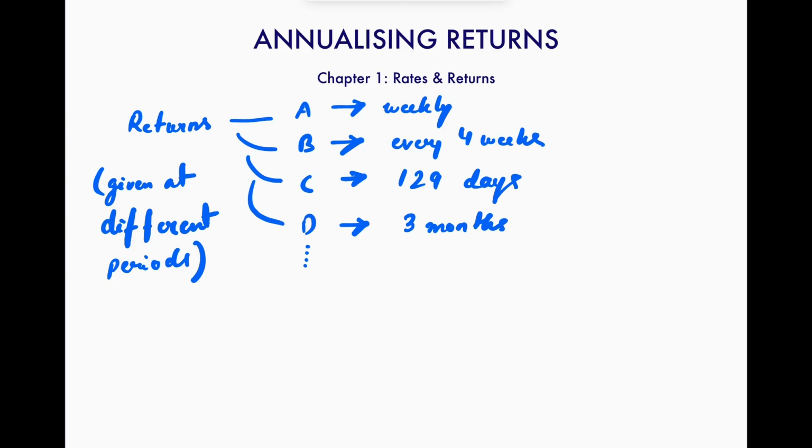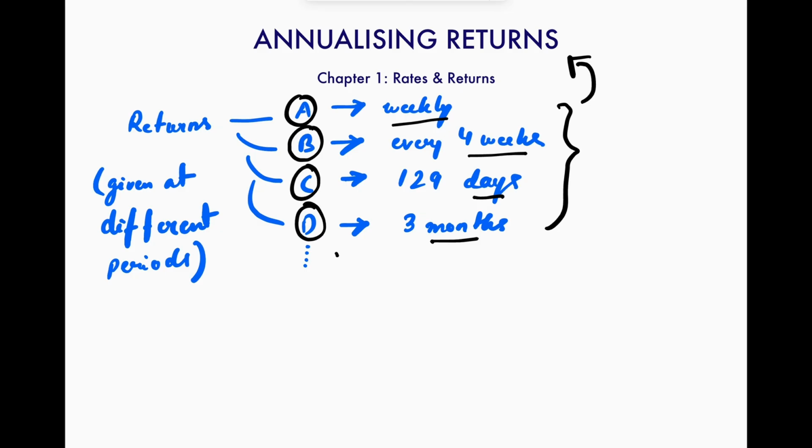Because of this problem, we came out with something called annualizing returns, as the topic says. For whatever period the return is given to you, we are going to annualize it. Once we annualize it, the returns of product A, investment B, investment C, investment D will be on a per annum or per year basis.